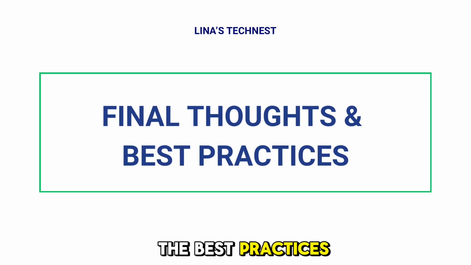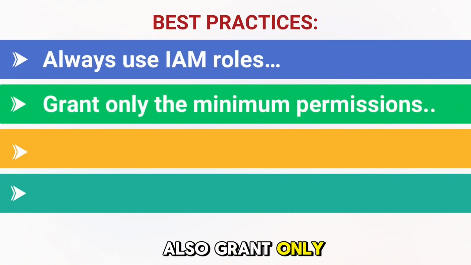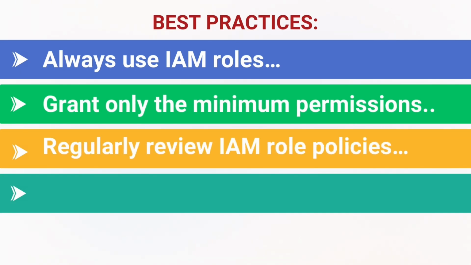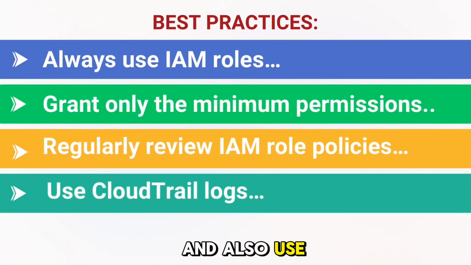So the best practice is to always use IAM roles instead of storing access keys. Also grant only the minimum permissions needed. Regularly review IAM role policies to maintain security, and also use CloudTrail logs to monitor role usage.